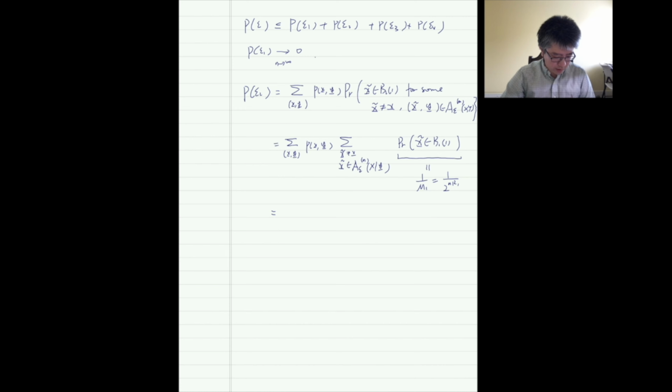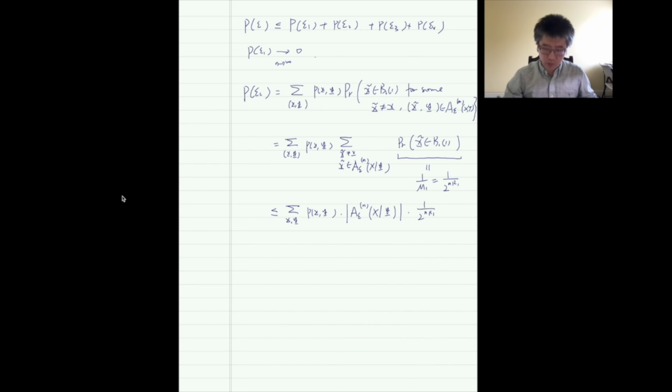So now we can see that this equals the sum over x and y of pxy, and then the number of items here is the cardinality of this set, multiplied by 1 over 2 to the nR1. I believe we need less than or equal to here because we need to get rid of the case where x tilde equals x. Very good.